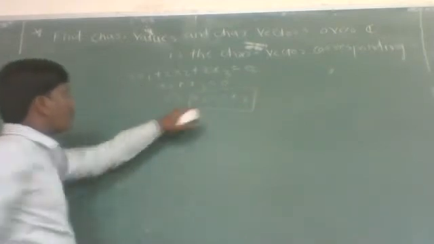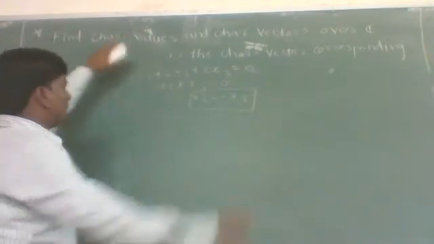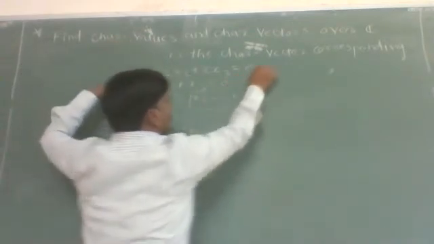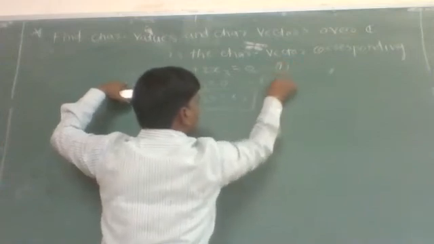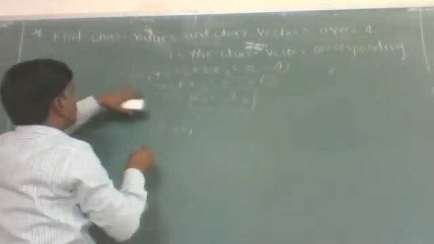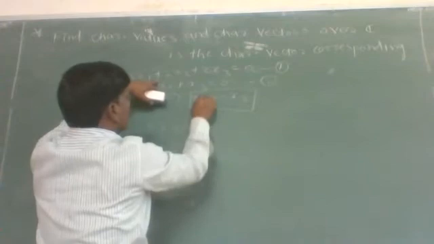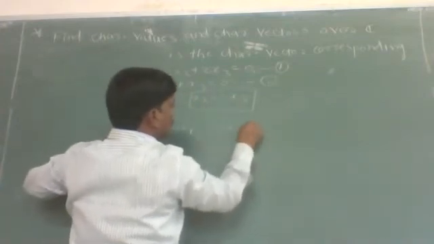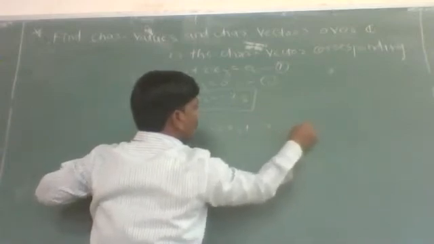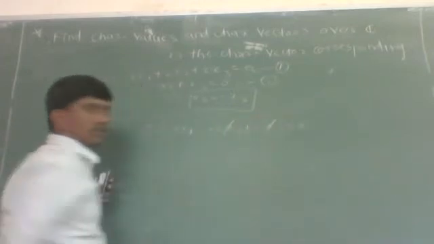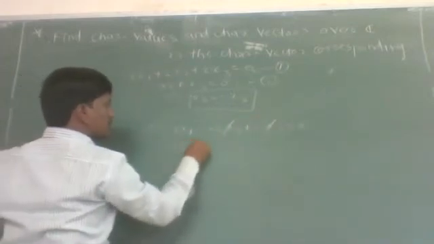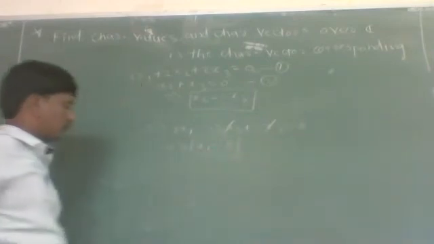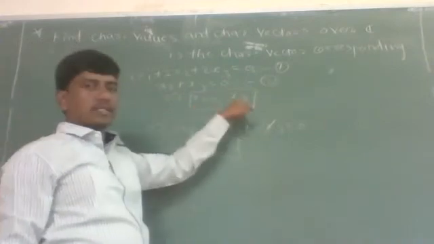Now put x2 equal to minus x3 in the first equation: we get 3x1 plus 2x2, which is minus 2x3, plus 2x3 equal to 0. Minus 2x3 plus 2x3 get cancelled, which implies x1 will be equal to 0. As x1 equal to 0, x2 equal to minus x3.